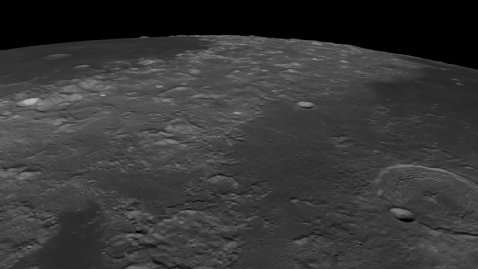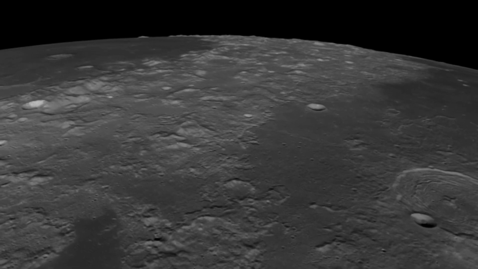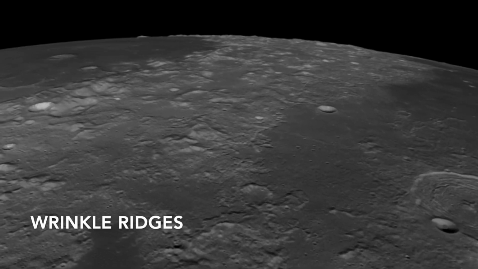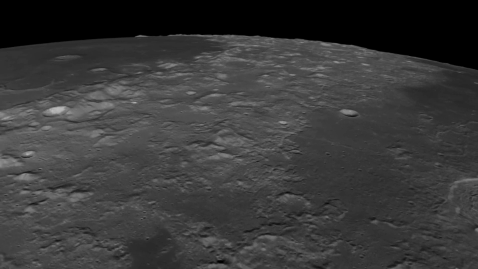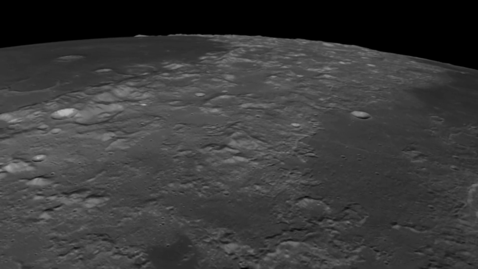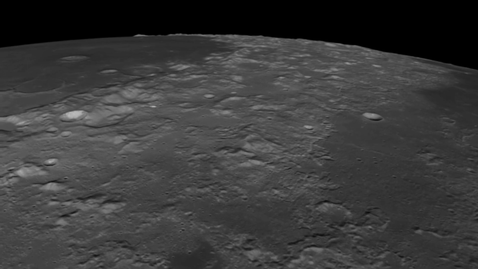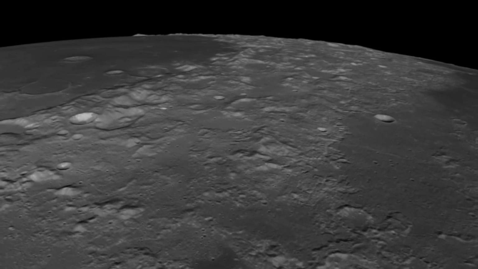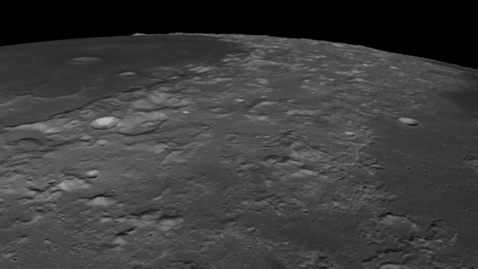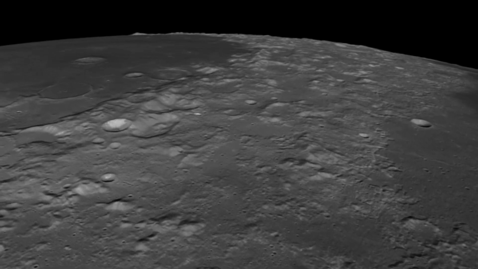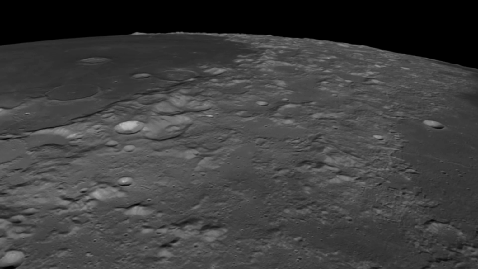A relevant fact, related to our wrinkle ridges, is that it almost caused the first traffic accident on the surface of the moon. During the Apollo 15 mission, astronauts used a lunar rover to explore the surface of the moon, and most notably the Hadley Rill, which you might want to go looking for.